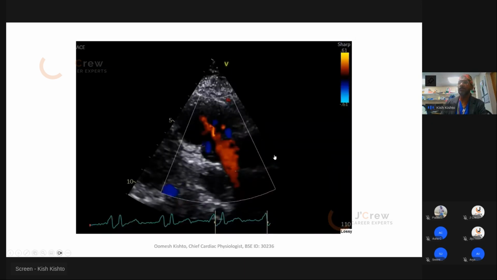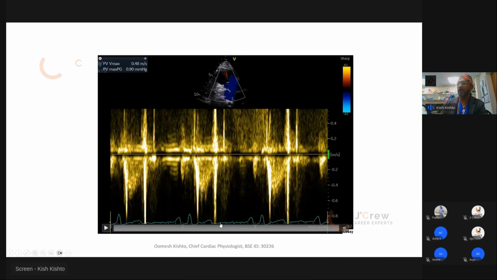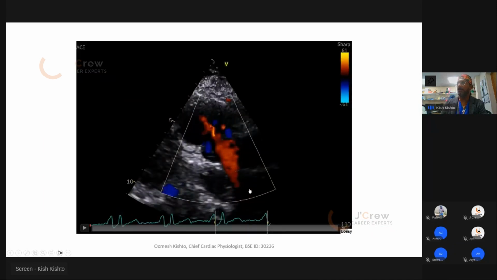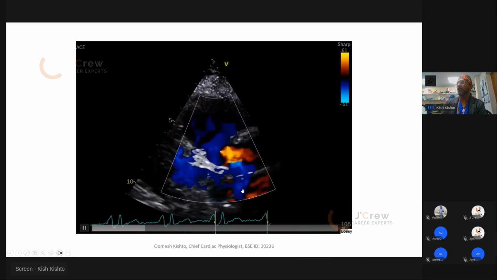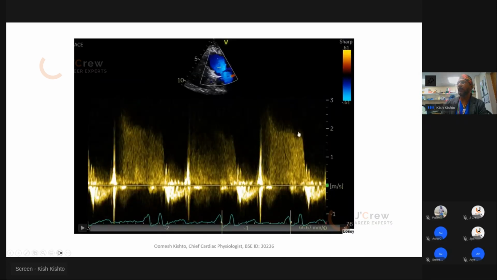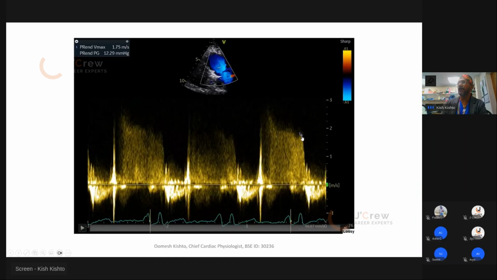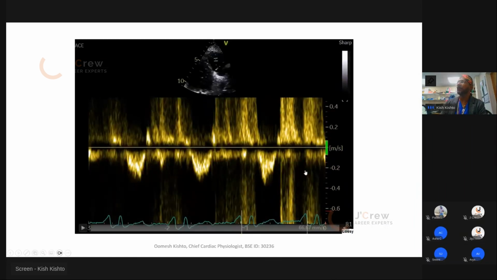Again, I'm just going to skip that one. There's a bit of PR there. You can see the smile, and I measure it here as well. That's the PR, and the Vmax there. Okay, that's a PW.